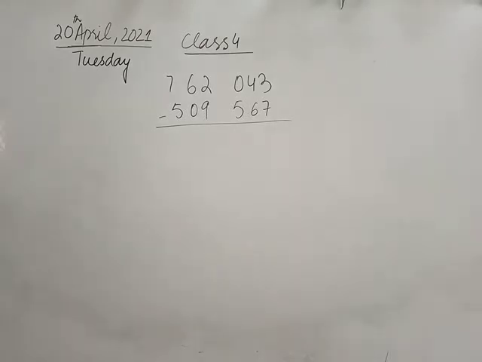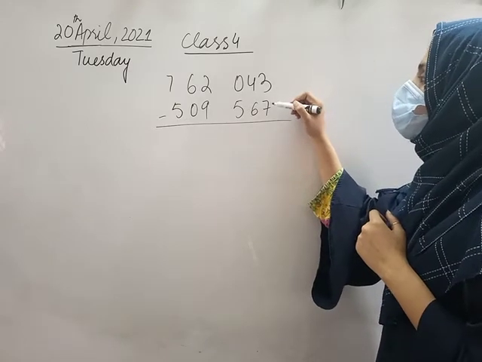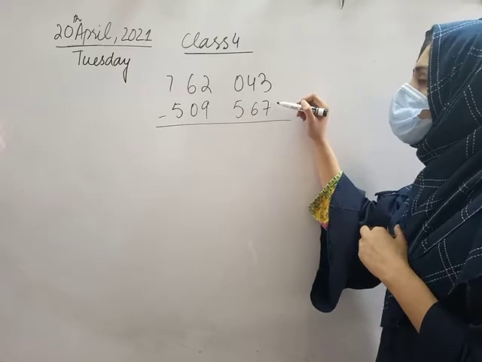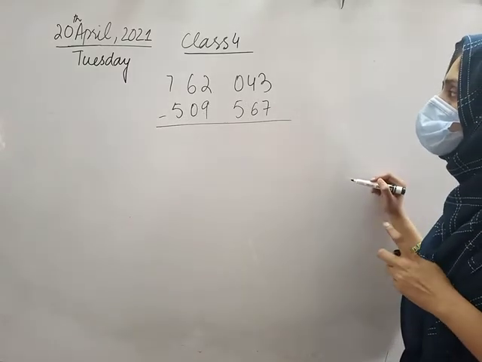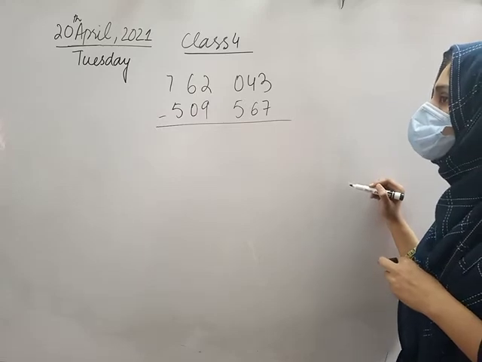So Abdullah, you tell me what would I do? From which side I would start? Very good. I will start from the right side. Now the first number is 3 minus 7. Class, is it possible to subtract 3 minus 7? क्या हम ये कर सकते हैं 3 में से 7 को subtract?